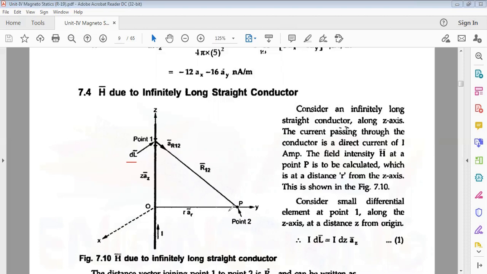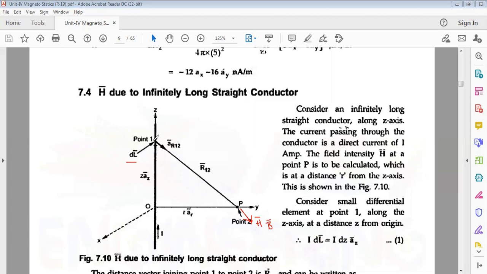And on the y-axis, assume a point P at a distance r, in the direction of a_r bar, where you have to find the magnetic field intensity H bar, or B bar, the magnetic flux density.